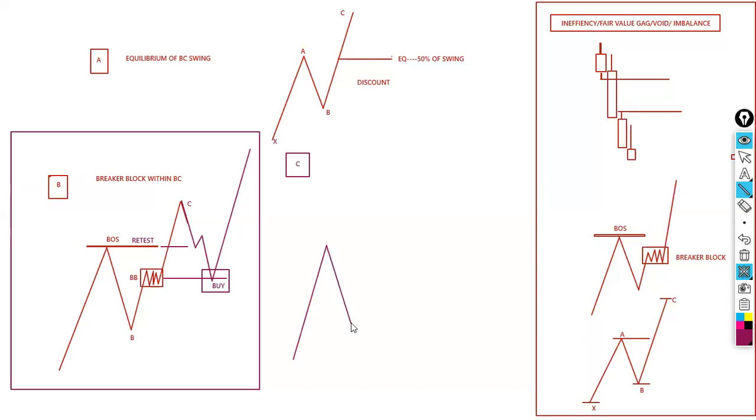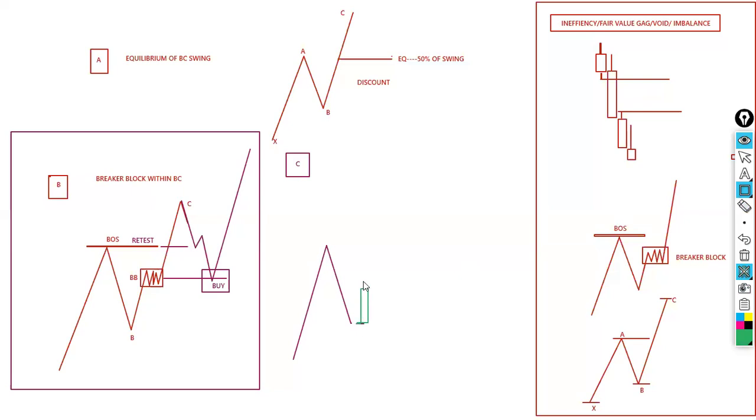And then on price way up, price created a sort of inefficient candle, right? So in this case, I can say, okay, let's say we had an inefficient candle. I've already explained what inefficiency means.